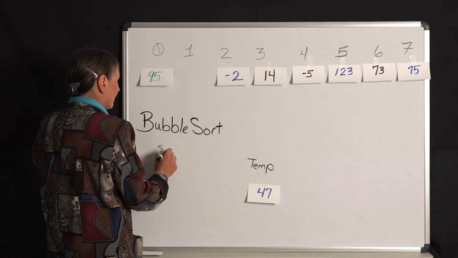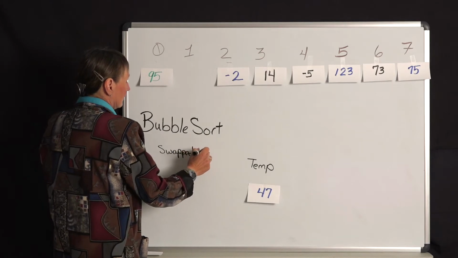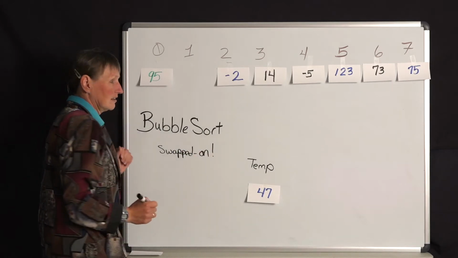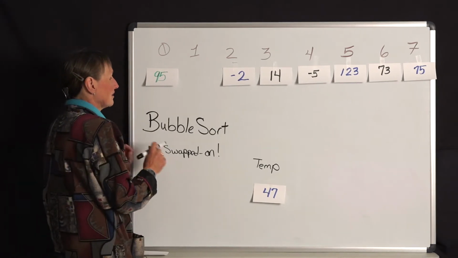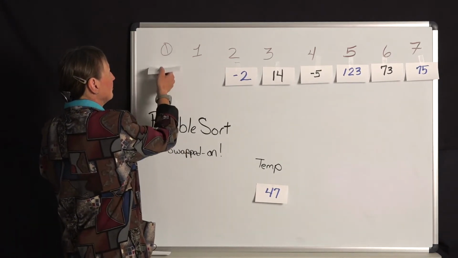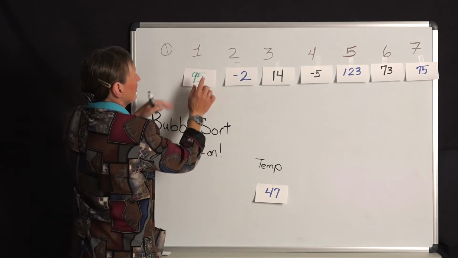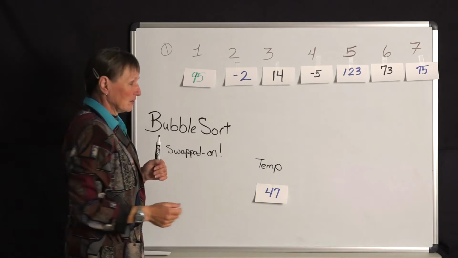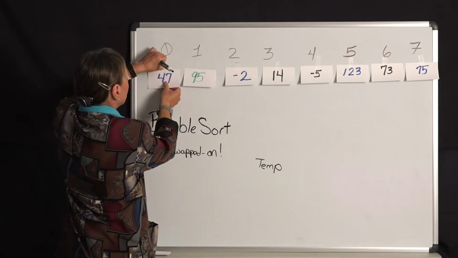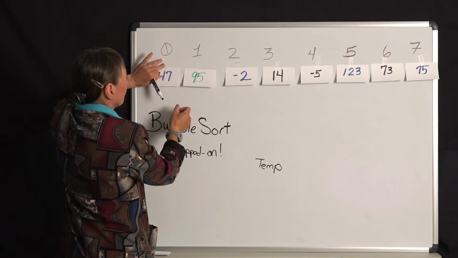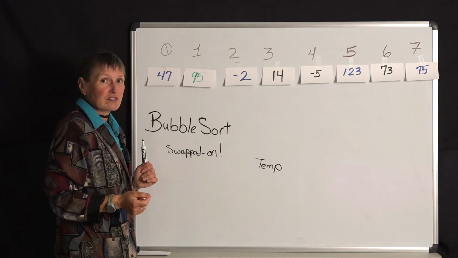And I'm going to say swapped is now on, because we're going to make this swap. I move 95 over to the appropriate location. I take the temporary moved value and put it in the first location, or location 0.